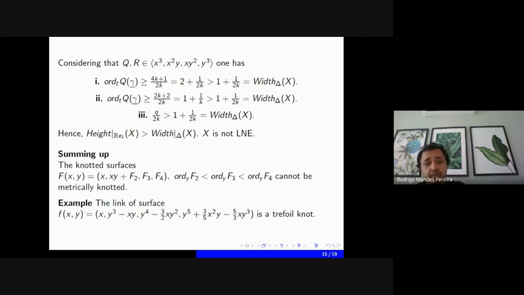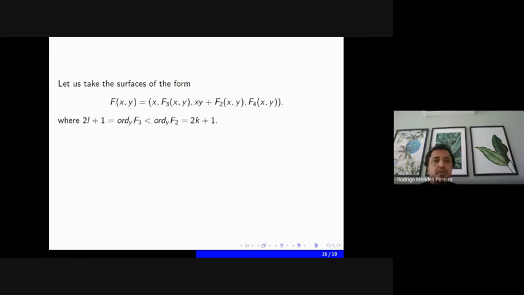The orders are 3, 4, 5, and then it's not a Lipschitz normally embedded surface.